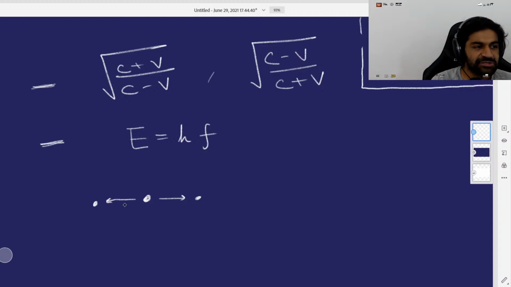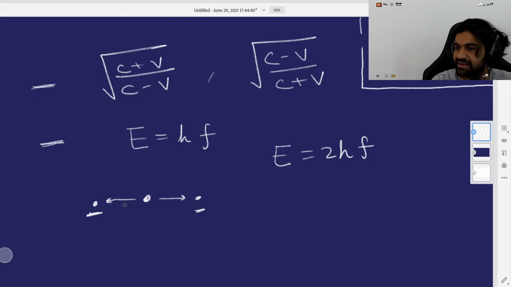So there are two ways to think about the energy in this circumstance. The energy is equal to Planck's constant times the frequency, E = hf. In this case, you have two particles coming out of a single mass, so the energy is going to be 2hf, one for each particle. Okay?